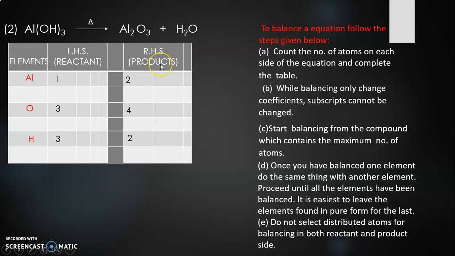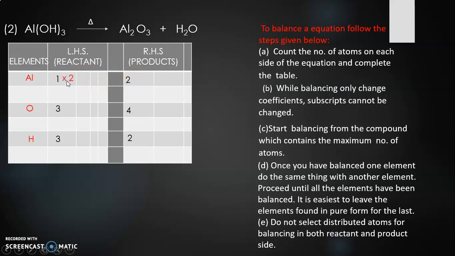Now if you look at the equation, what do you see? We start with the compound having the maximum number of atoms. So in this case, we will start with aluminium because on the left hand side it is 1 and on the right hand side it is 2.